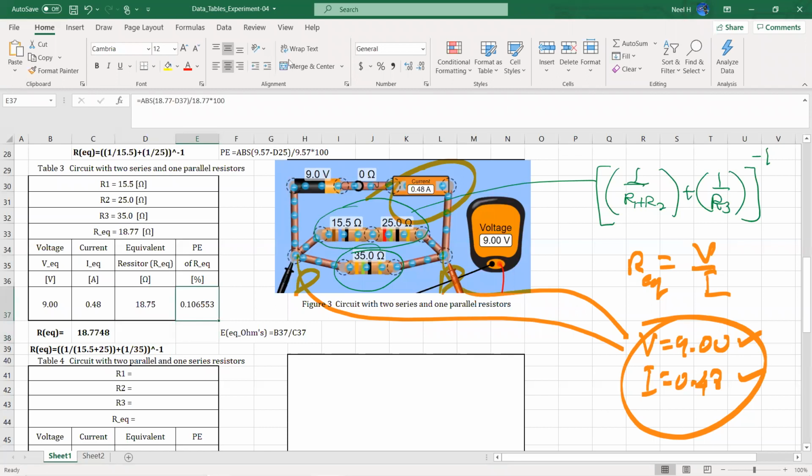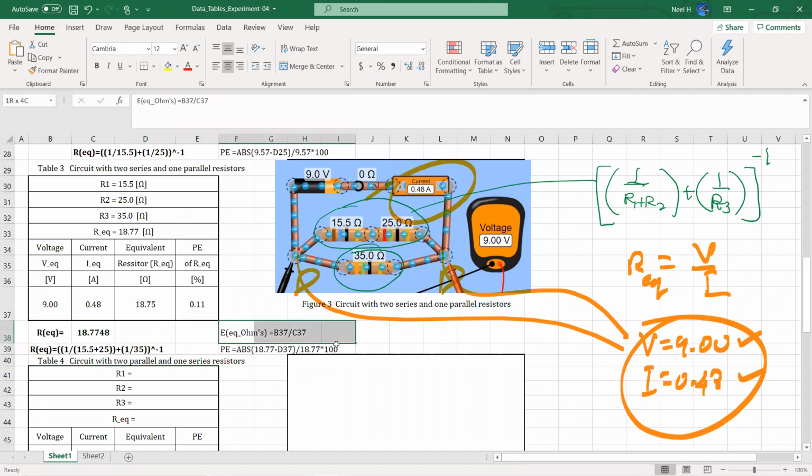It's a very small percentage error. Get rid of any unnecessary decimal places. Keep about 2 decimal places. We don't need more than 2. So this is going to be the percentage error for this case.